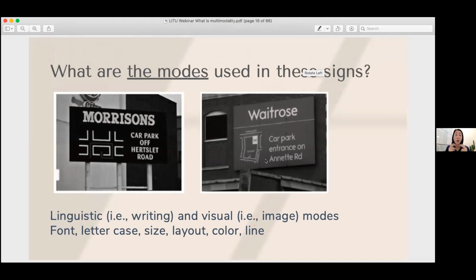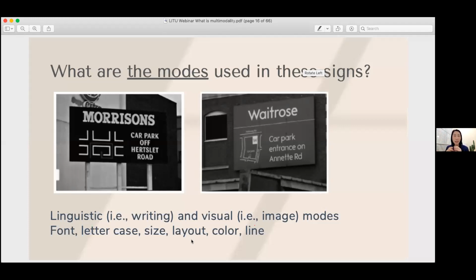For the linguistic mode, or writing, you can look at the fonts or typeface, and the letter case: uppercase on the left for Morrisons and lowercase for Waitrose. The layout is pretty much the same: the name of the supermarket is at the top, the map is on the left, and a description is on the right. There are differences in color too.